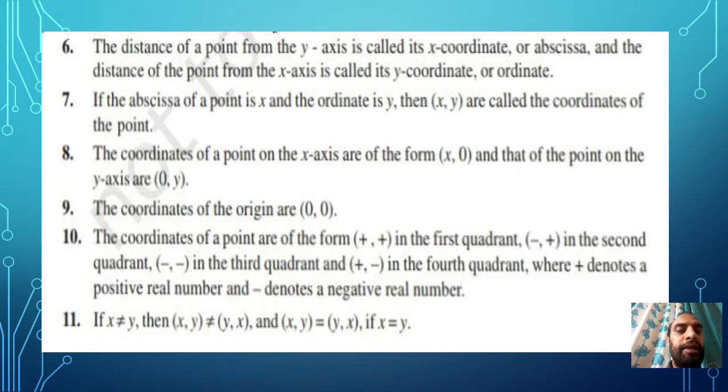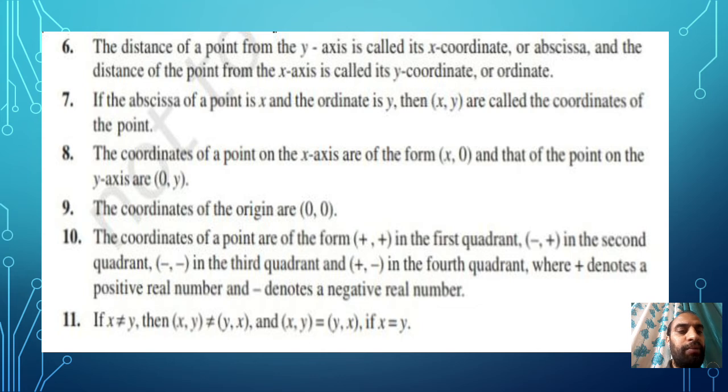Generally, if both values are positive, like 1, 2, 3, 5, 7, 9, they lie in the first quadrant. If the first is negative and the second is positive, like -2, 3 or -5, 9, all such values lie in the second quadrant.